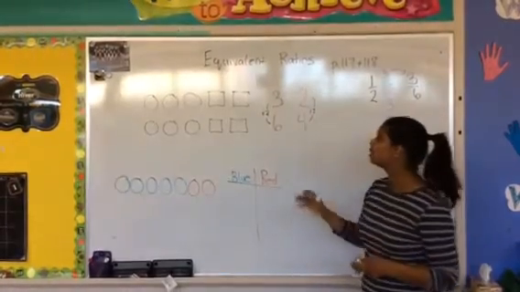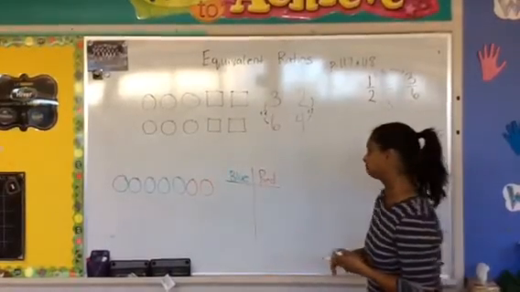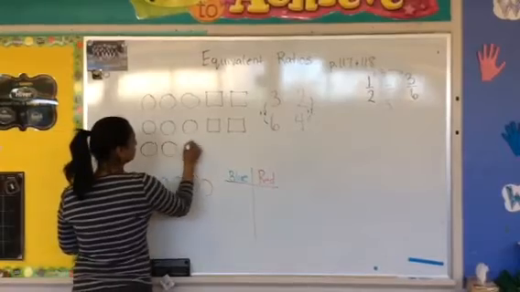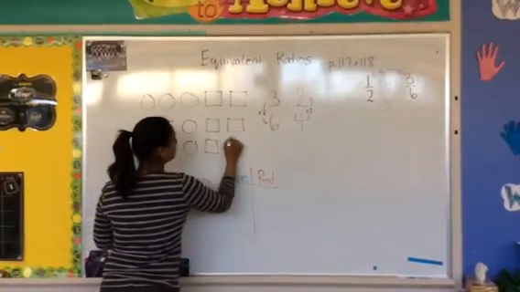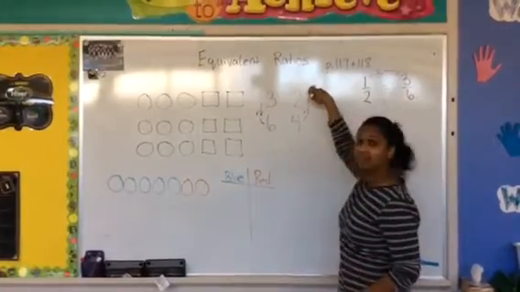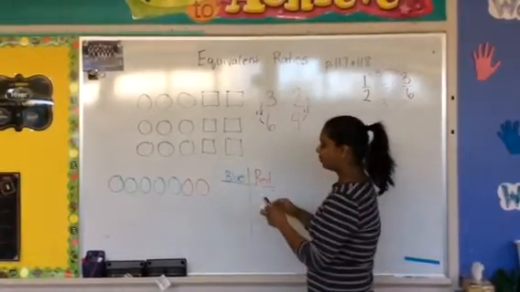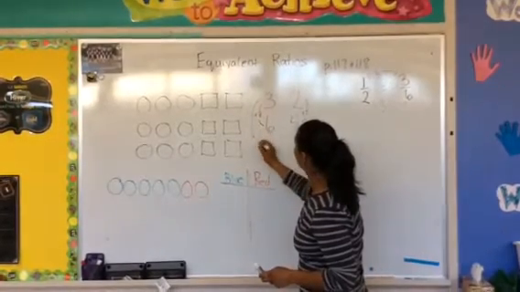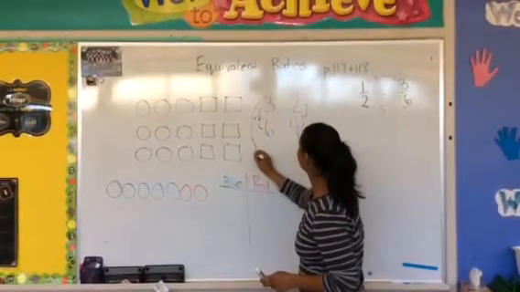So if I wanted to draw a third set, what I would do is go back to my original ratio, and then I would multiply that now by 3 because I've got 3 sets here.